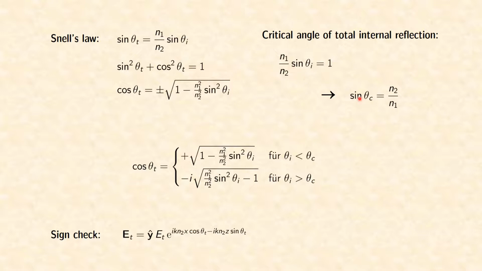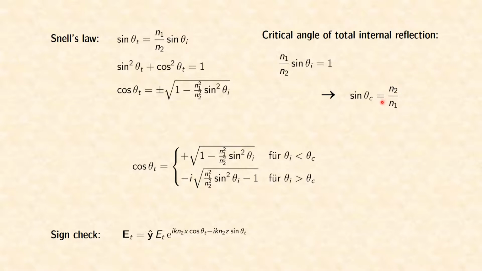And of course you can solve that for sine theta i, or the critical angle, which is named theta c in this case. You also see here, since the sine function is limited by a magnitude of 1, this can happen only in cases where n1 is larger than n2.